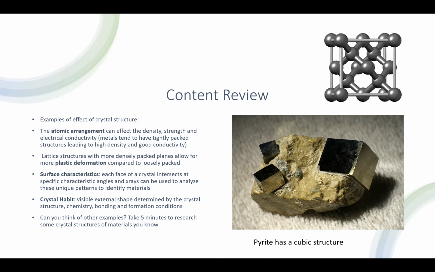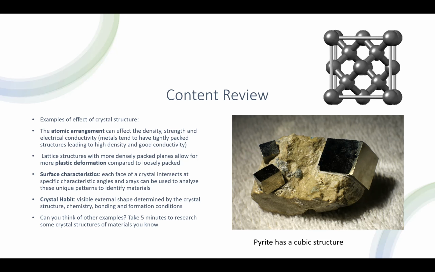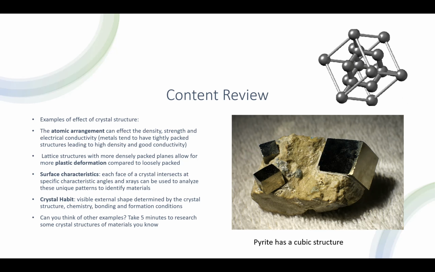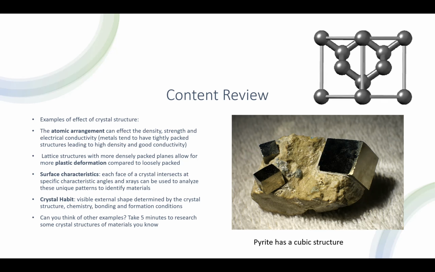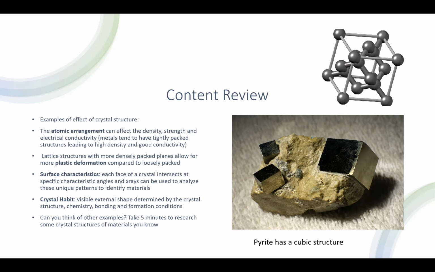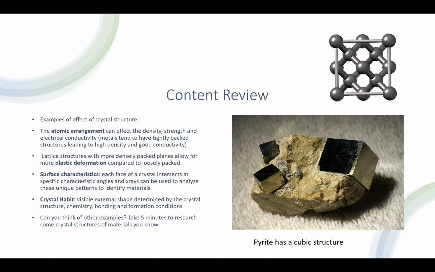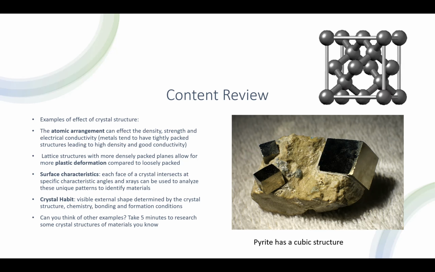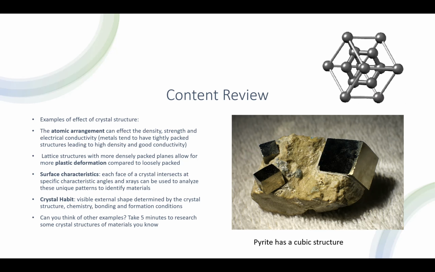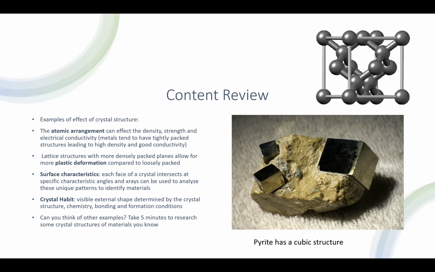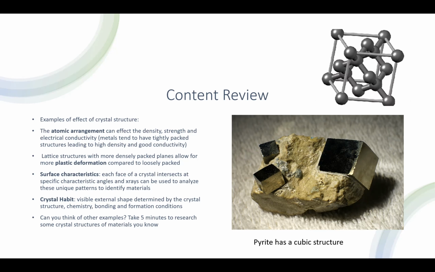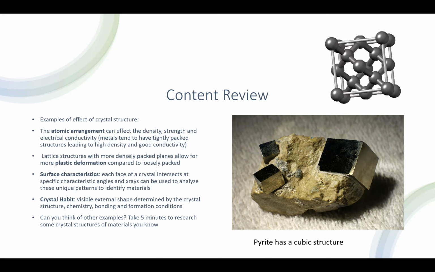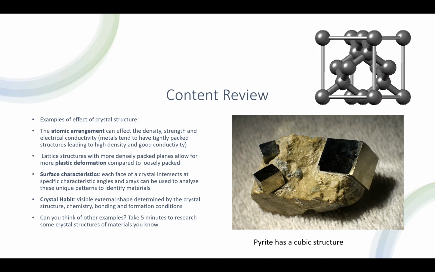So again, pyrite is a mineral, so it has a bunch of different metals in it. If you look at a lot of different actual minerals or crystals, they might have a whole arrangement of metals, so they can form really cool structures that you probably won't see commonly that are unique to that single one.